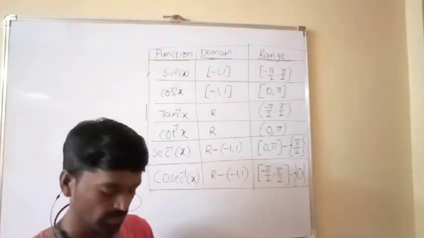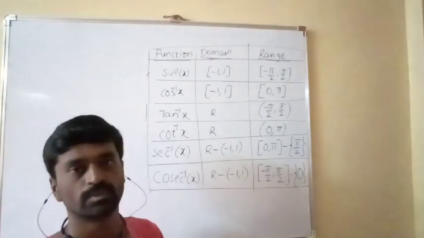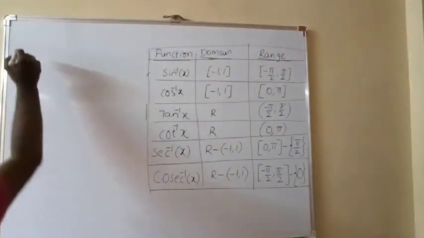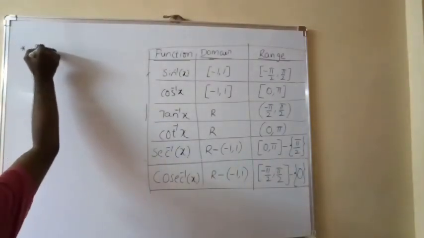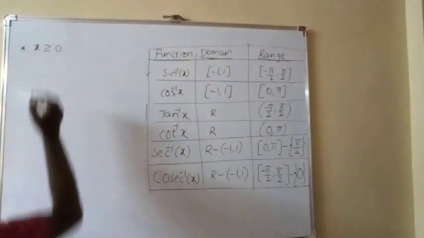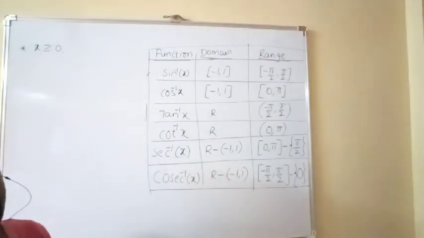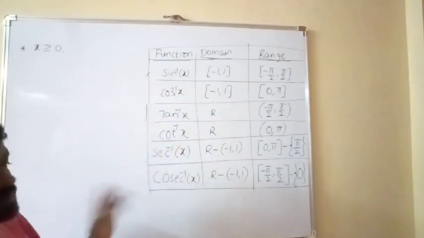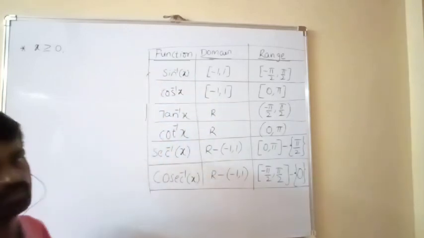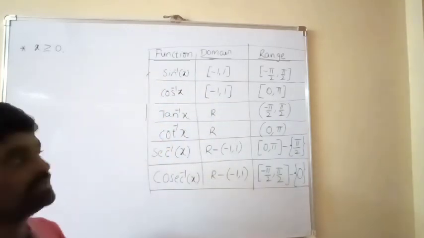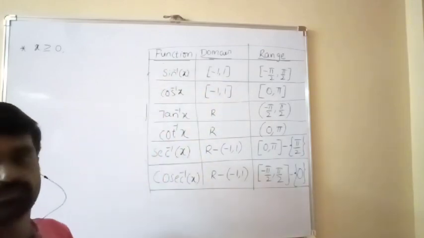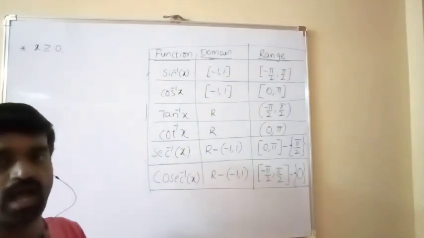And here some important points have to be remembered. The first important point is, when x is greater than or equal to 0, all these 6 functions lie in the first quadrant. That means all these 6 functions are positive angles.